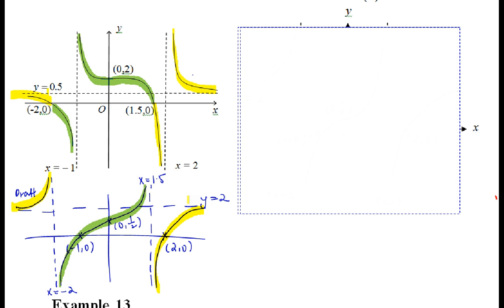Yes? Your graph is different from mine. Yeah, then it becomes increasing. No, it can't be. Oh, yes. Sorry. Thanks for highlighting.